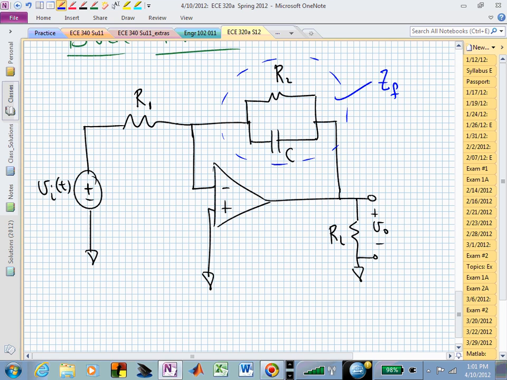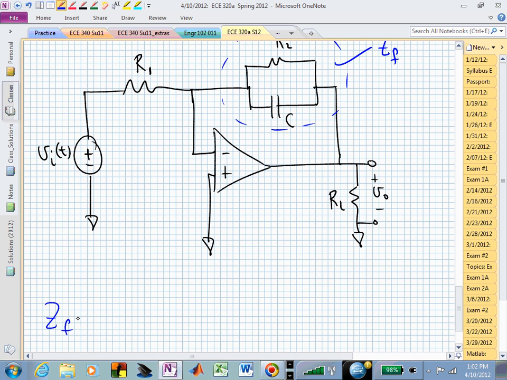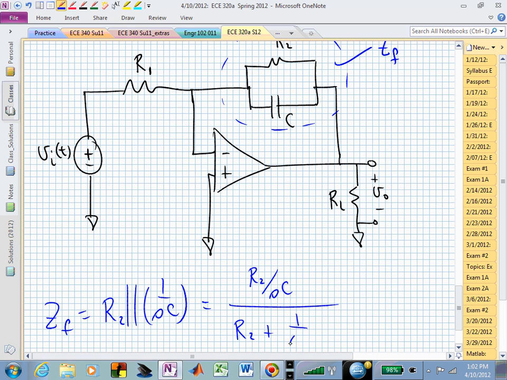And now I have really an input impedance and a feedback impedance, and I can just apply my expressions or formulas of the inverter equation. Z sub f is now simply R sub 2 in parallel with this capacitor, 1 over SC. If I do that, I now have R2 times 1 over SC, and I have the sum of those two.